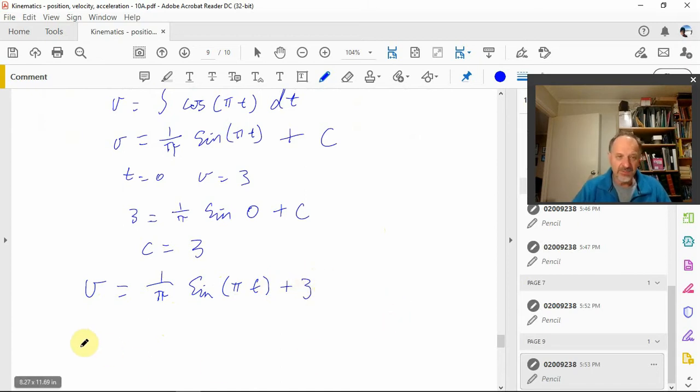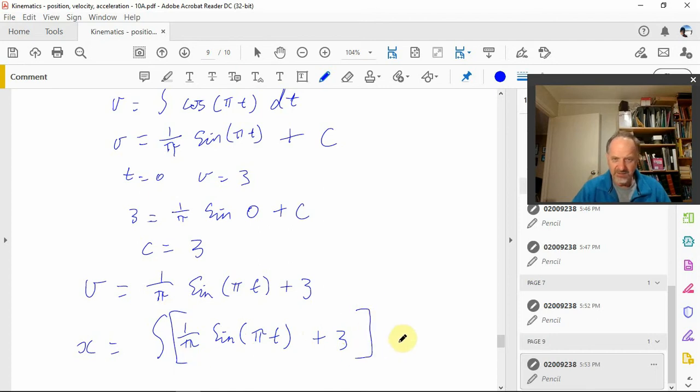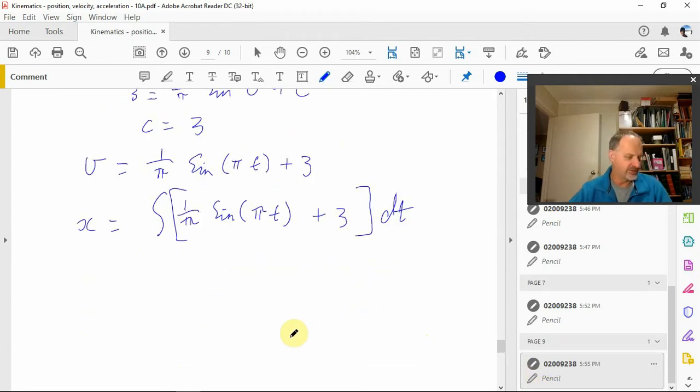Then, if we want to go to position, we would then need to anti-differentiate all of that stuff. 1 on pi sine pi t plus 3, and we're anti-differentiating all of that with respect to time. All right, so we can do each term individually.